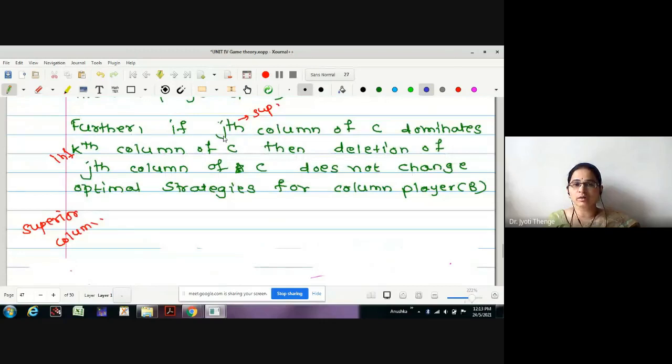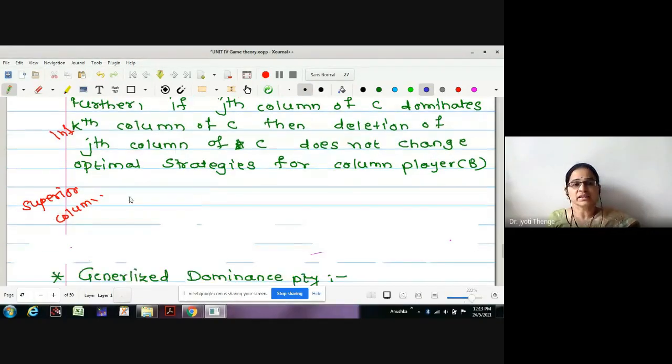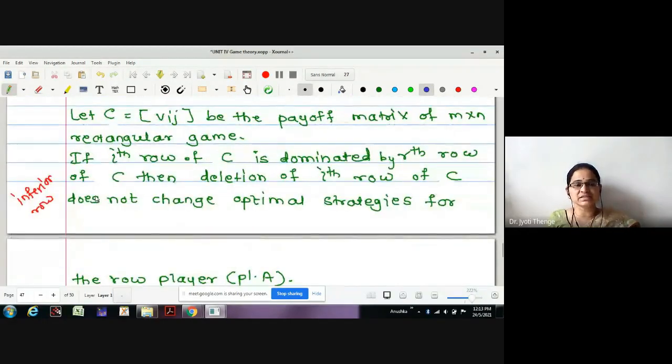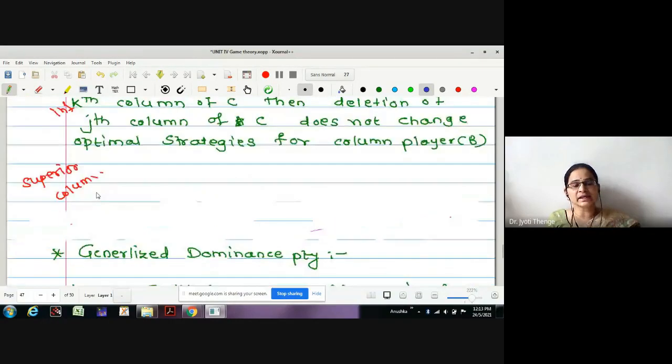Similarly, for columns, if the jth column dominates the kth column, then deletion of the jth column does not change the optimal strategies for the column player, that is player B. Here we can delete the superior column. The dominance property simply says: delete the inferior row with respect to player A and delete the superior column with respect to player B.